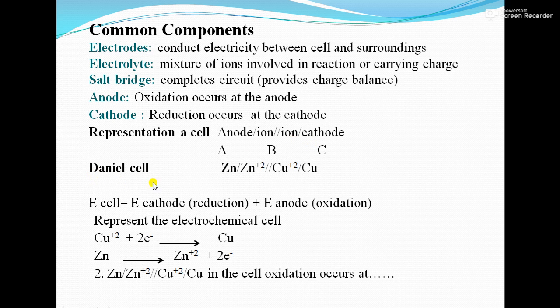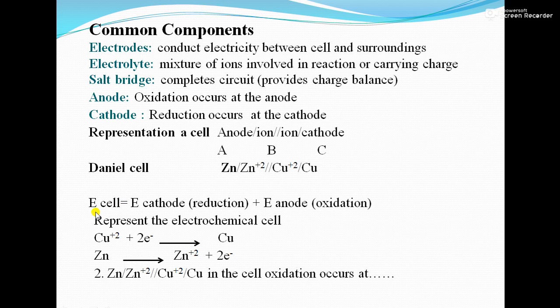In that way, the Daniell cell representation is Zn/Zn²⁺ || Cu²⁺/Cu. So that is the representation of Daniell cell, and in general you can write it as anode, anodic ion or anodic solution, then salt bridge, then cathodic ion or cathodic solution, and then cathode.